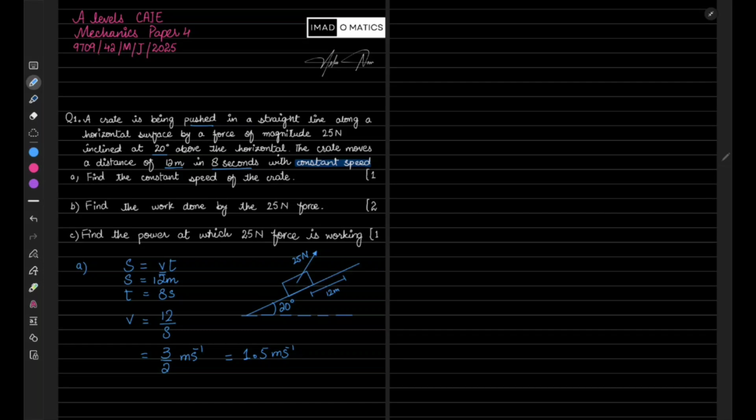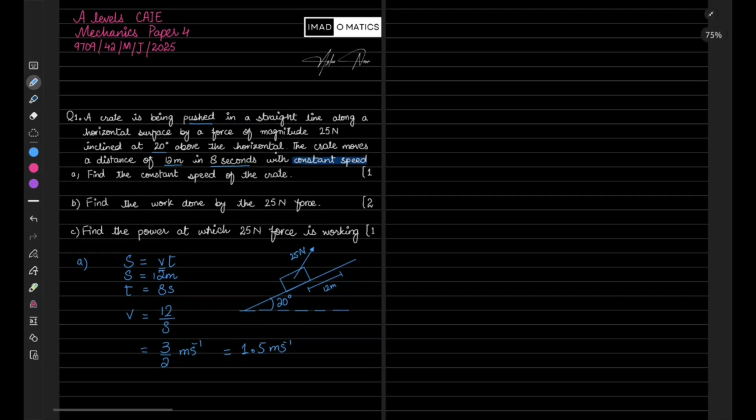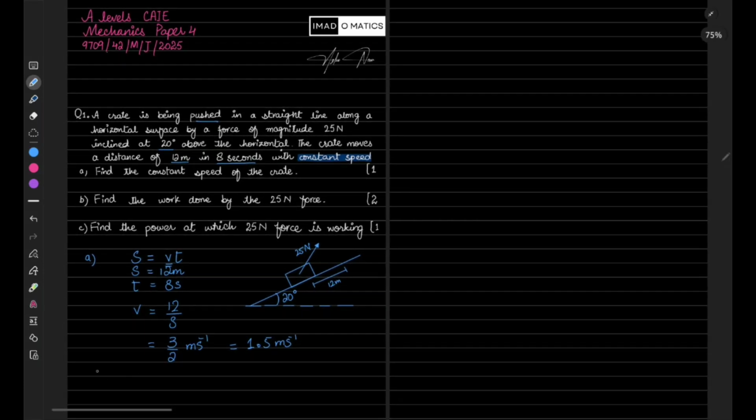Secondly, let's get to part B. Find the work done by the 25 Newton force. Let's talk about work done. Work done is the force exerted in the direction of the distance covered.